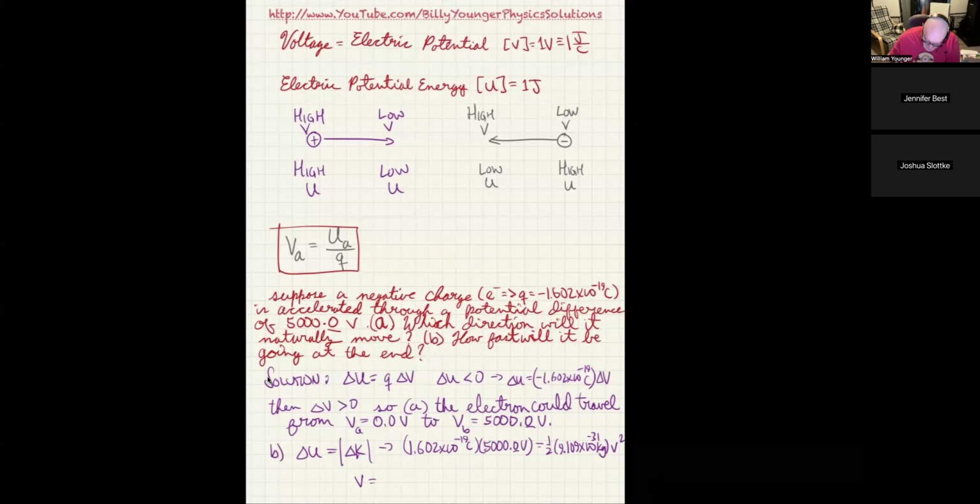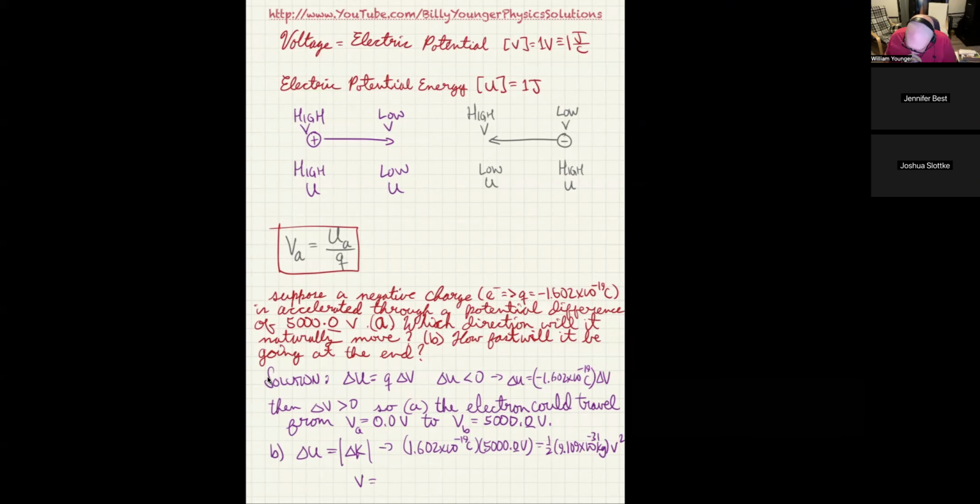is equal to what I'm going to do is take 1.602 times 10 to the negative 19 times 5,000 volts. Now that gives me a unit called the coulomb volt, and it's 8.01 times 10 to the negative 16th coulomb volts.